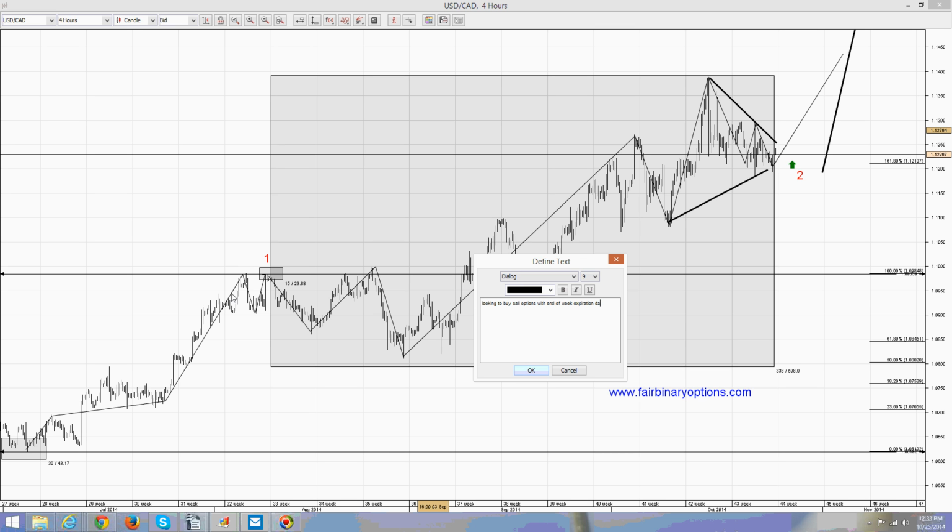That means we should buy the call options by the moment the equity markets open on Monday. So, looking to buy call options at the opening on Monday with an end-of-week expiration date, of course.